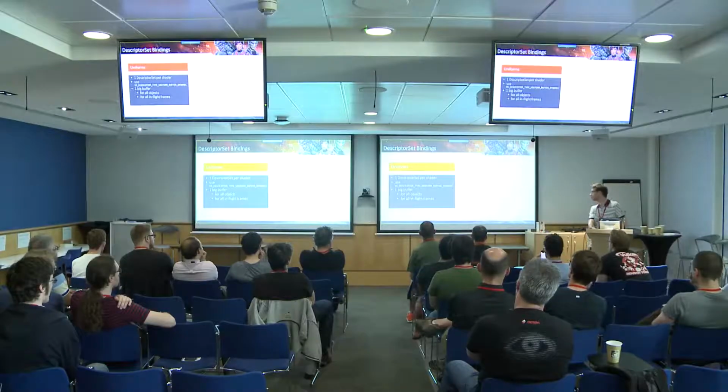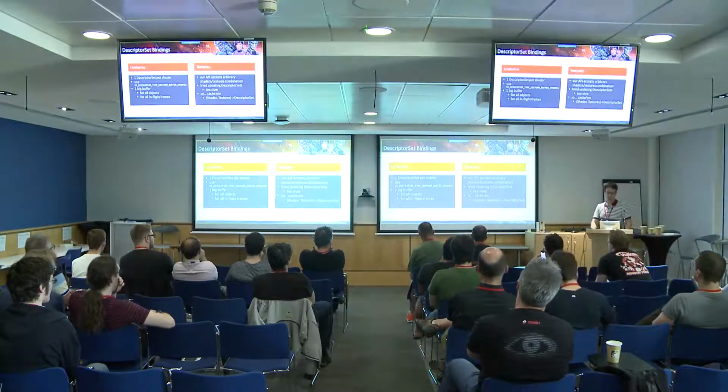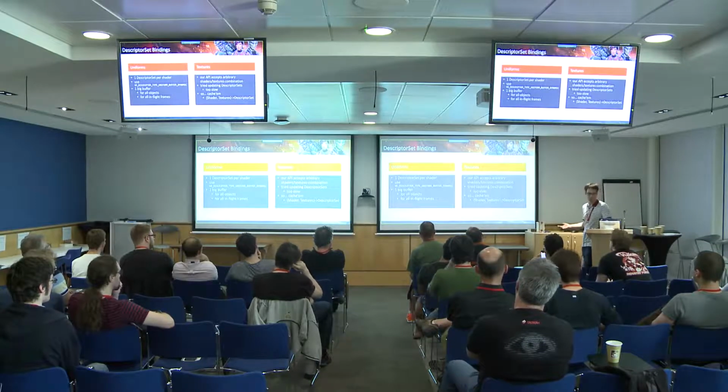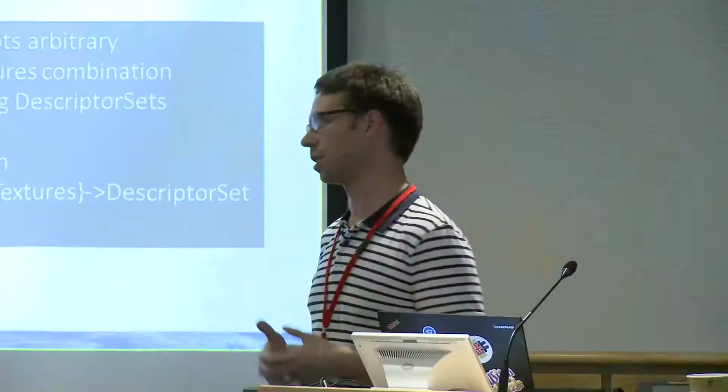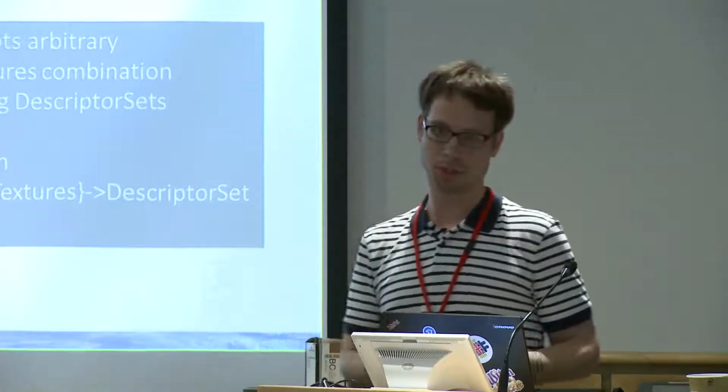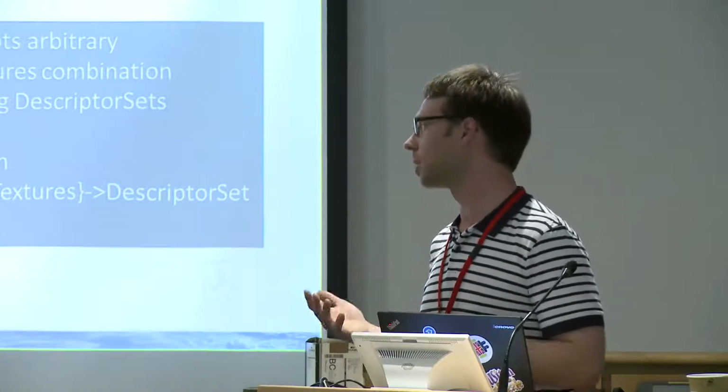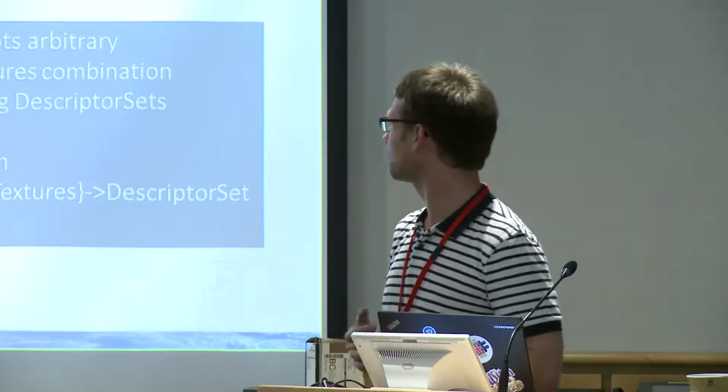So as I said, for textures, we have a different solution because we can't really use the dynamic offsets here. Our problem here is that our API basically accepts arbitrary shader and texture combinations. So in one frame, you could use one shader with one texture, and then the next frame with different textures.